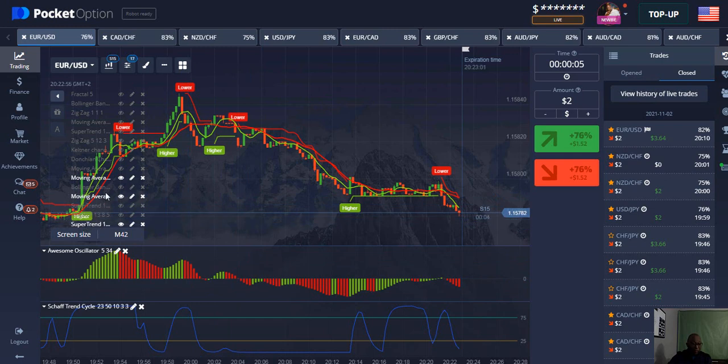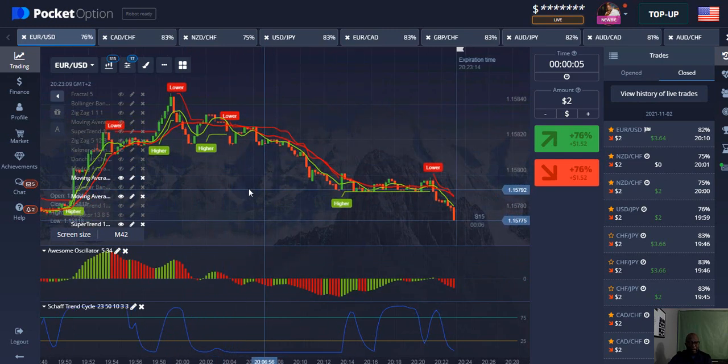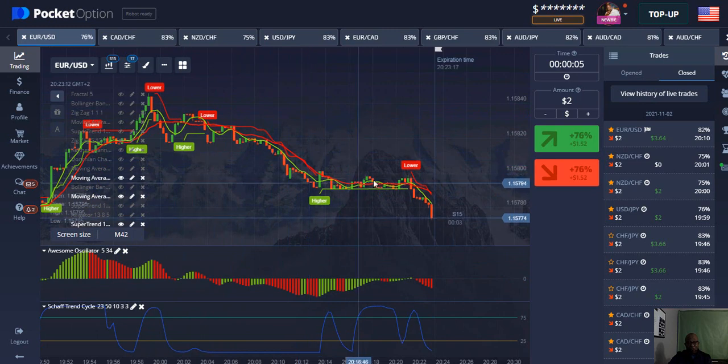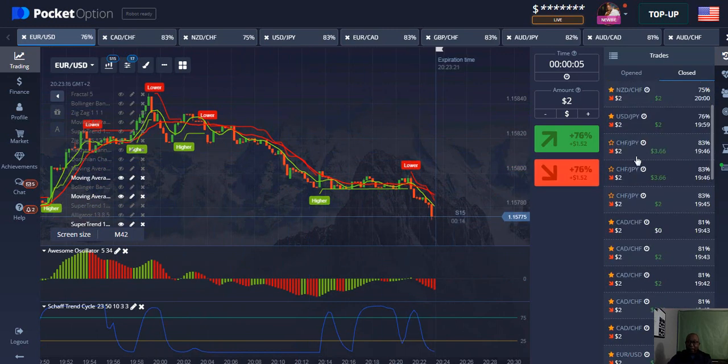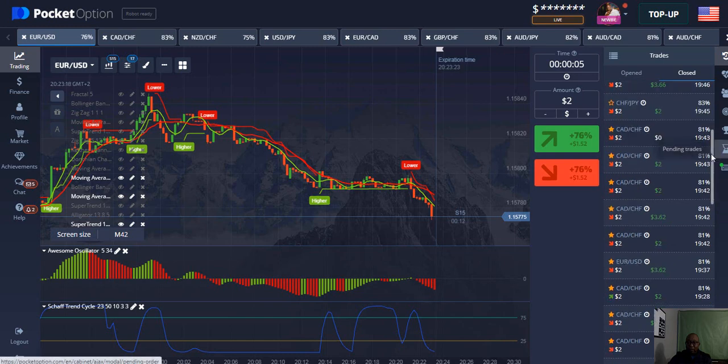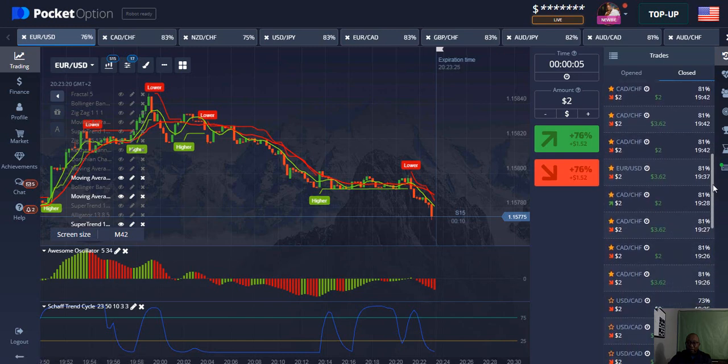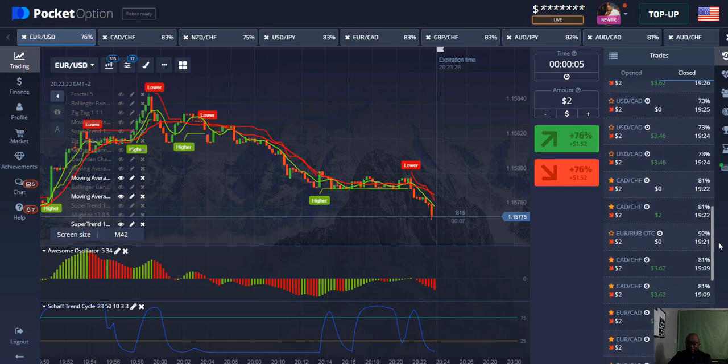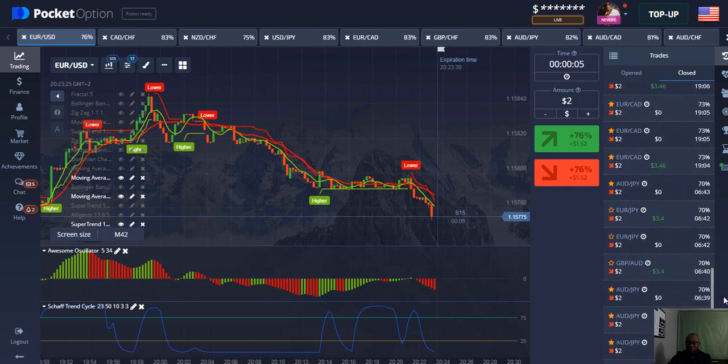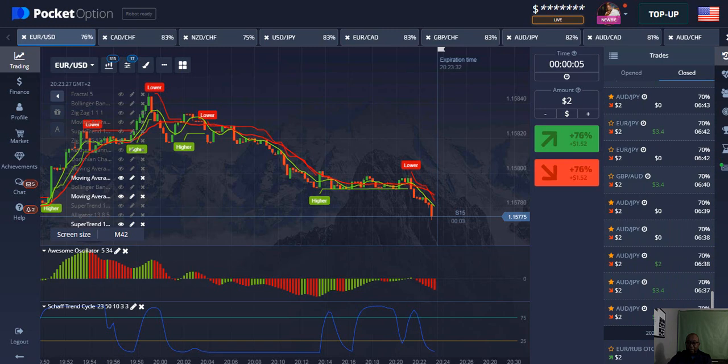Now up here we're using 2 moving averages, and we're using the Supertrend. The Supertrend is only here visually just to let me know that the particular currency pair is in a downtrend. And ladies and gentlemen, let me show you something over here really quick. If you noticed, all of the trades that I've done, for the most part, I think there's one in here, but all of them are being done in the downtrend.